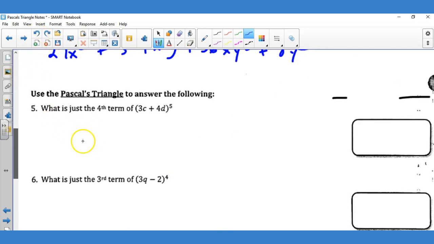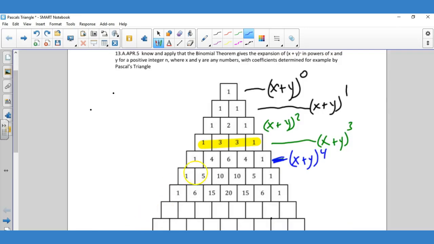right here, what is just the 4th term? All right, so the 4th term, if you go back to say this is the 5th, and we look at x plus y to the 5th, the 4th term, 1, 2, 3, 4. We apply that coefficient. All right.